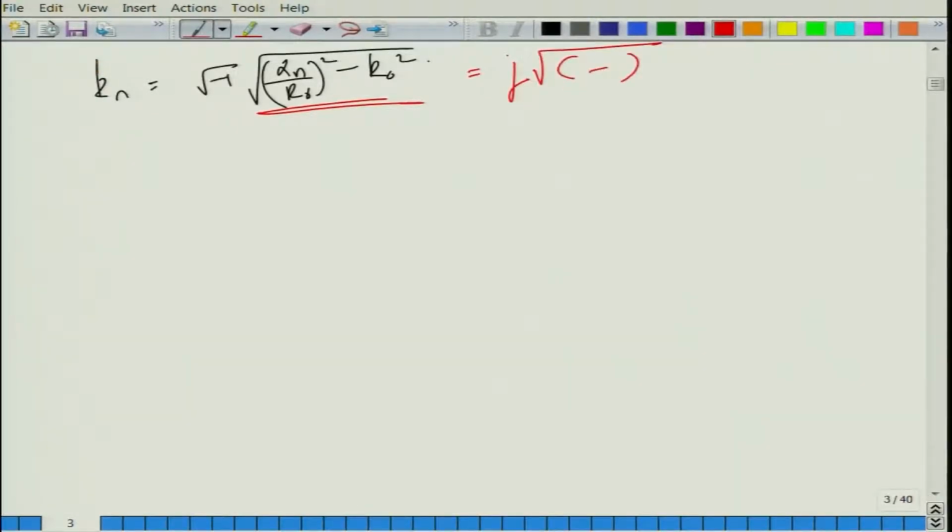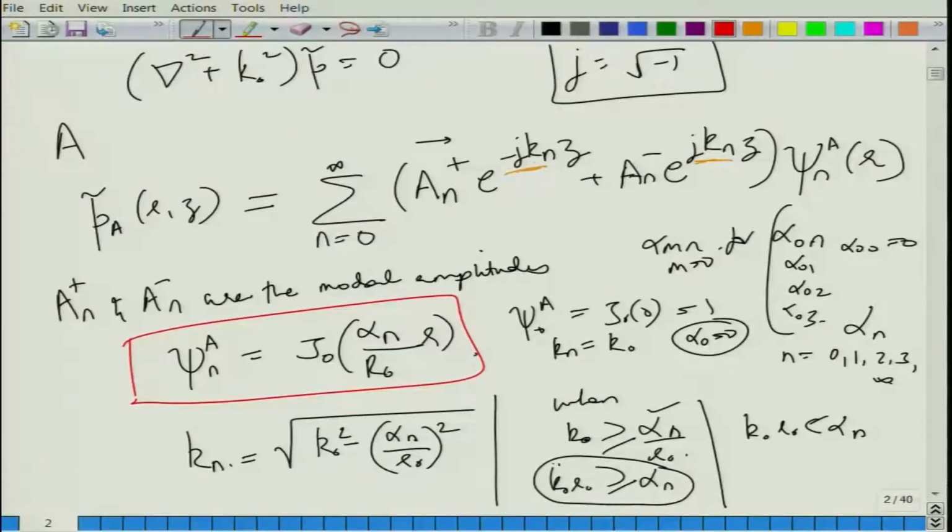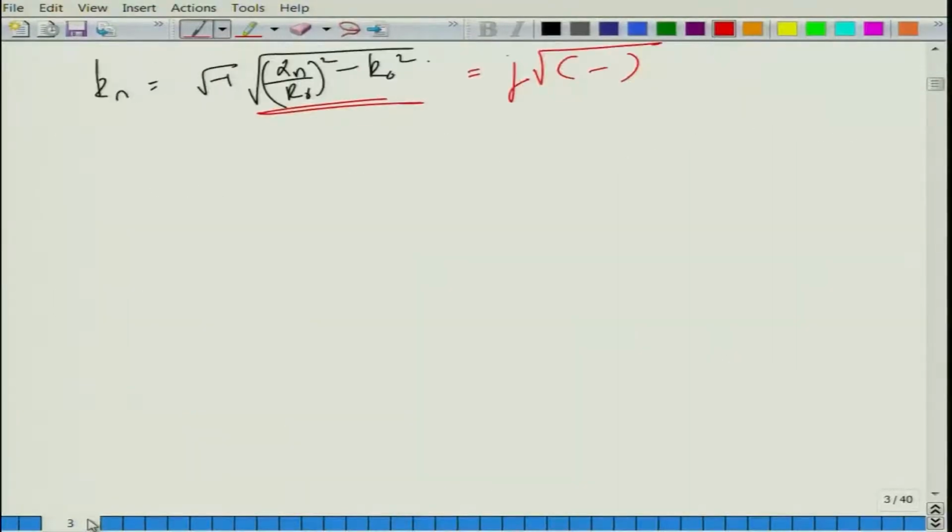So, why am I telling you this? Because j times, so here you will have the purely real part, which is actually exponentially decaying or exponentially growing. Depending upon the convention that we follow, if we consider root over minus 1 as j, we can also consider minus j depending upon what we want.